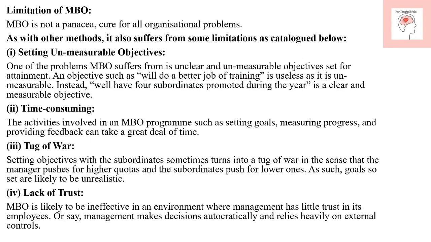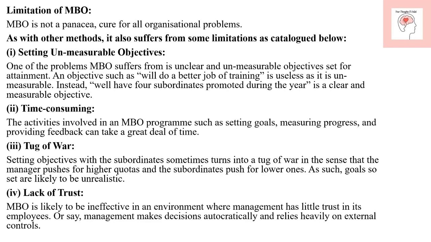Let's move on to limitations of MBO. We need to understand some of the limitations. So MBO is not a panacea cure for all organizational problems. As with other methods, it also suffers from some limitations as catalogued below. The first limitation is setting unmeasurable objectives.